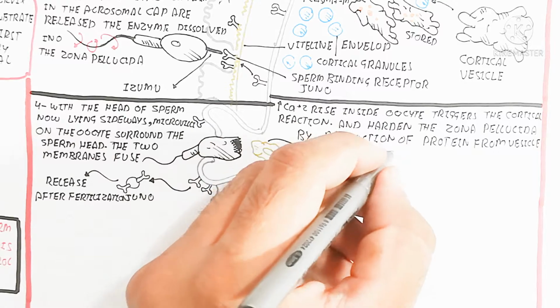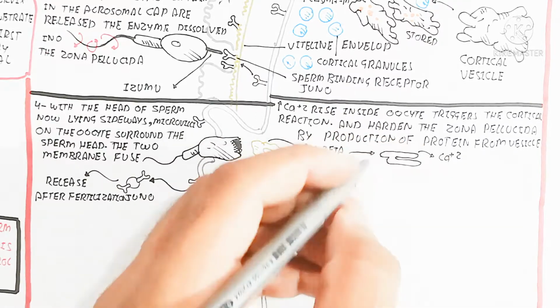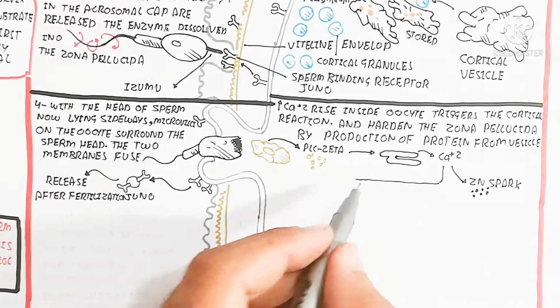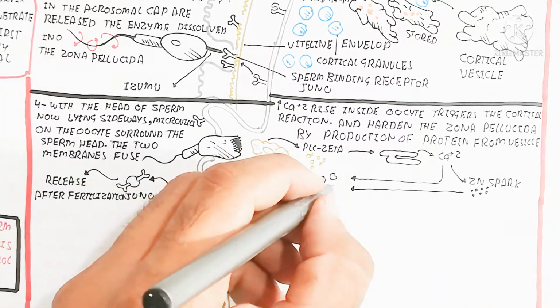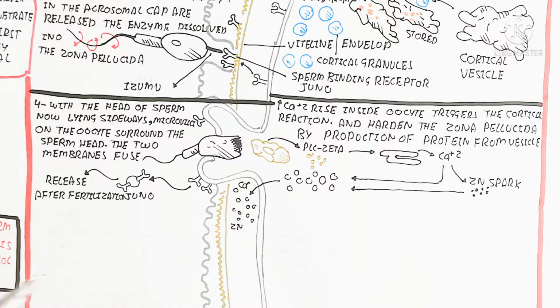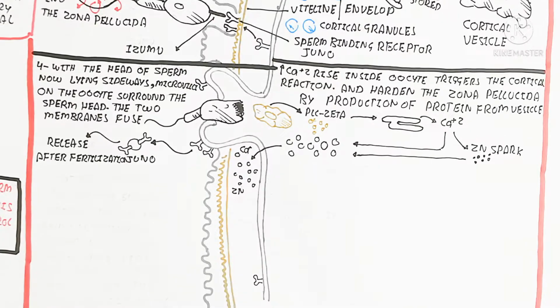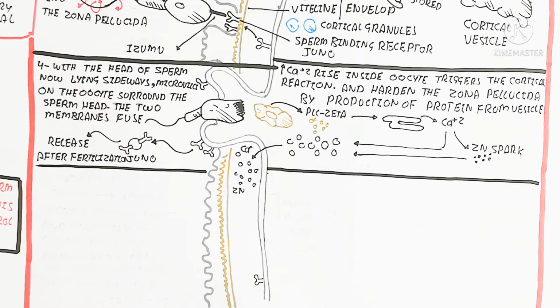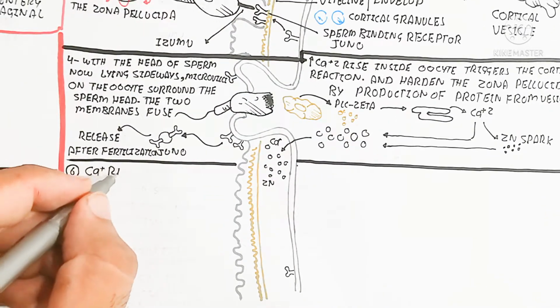So the PLC zeta protein is released from the sperm nuclei, and this stimulates the release of calcium from the organelle that stores calcium, and the calcium will trigger the zinc spark.